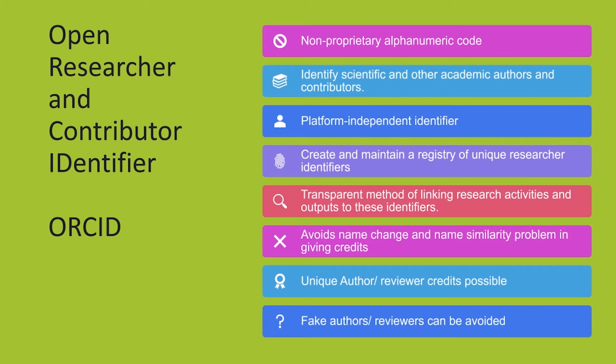To avoid these things, ORCIDs are being used to track down a genuine reviewer, and they are used for giving credits for the review work to the reviewers. So a multi-dimensional approach is associated with the ORCID.